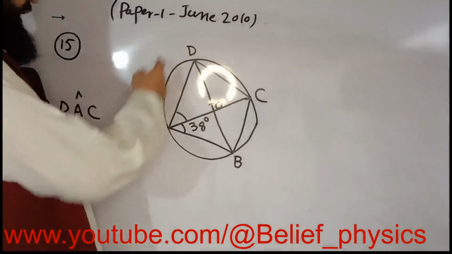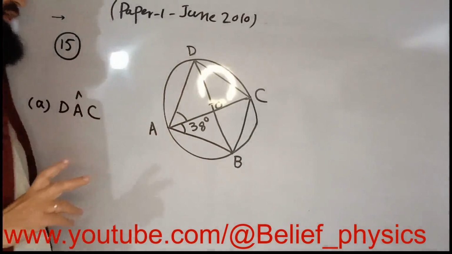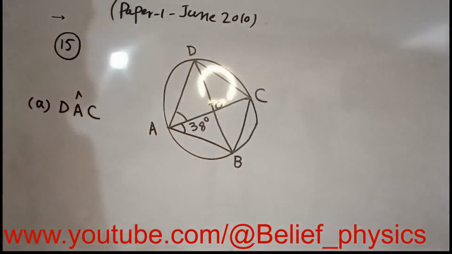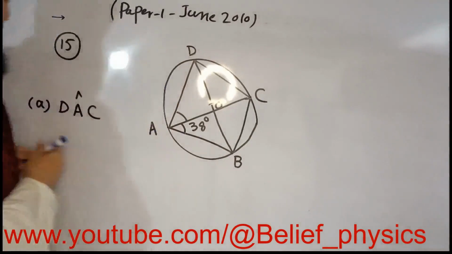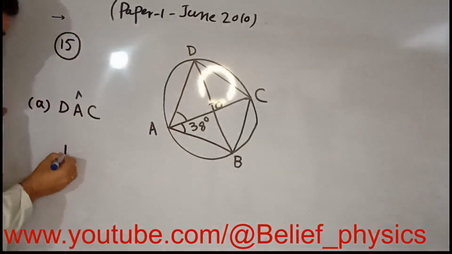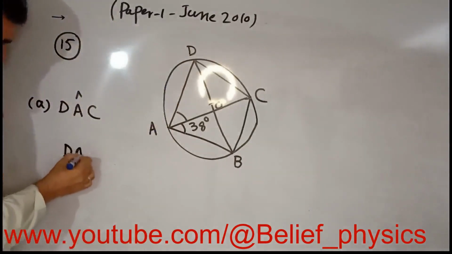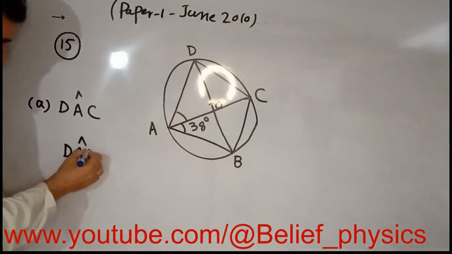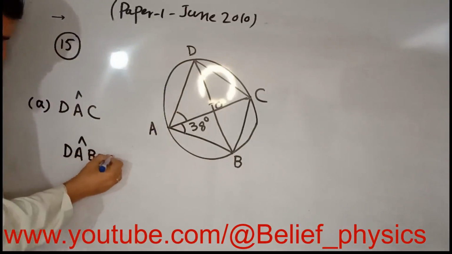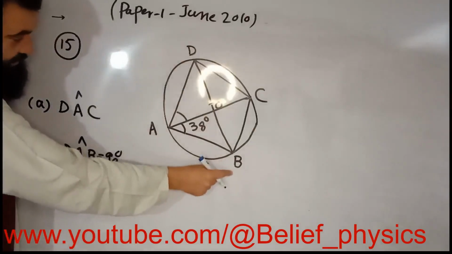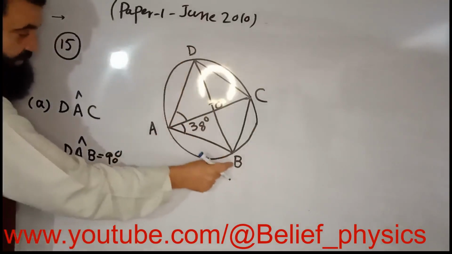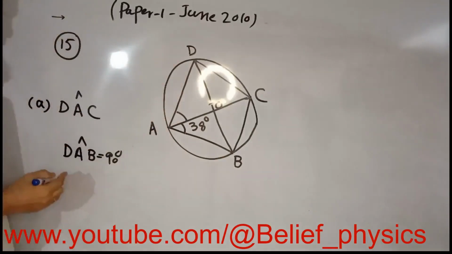So DAB is 90. So we will write DAB is equal to 90 degrees, because this DB is diameter, therefore DAB, angle inscribed in a semicircle, is 90 degrees.